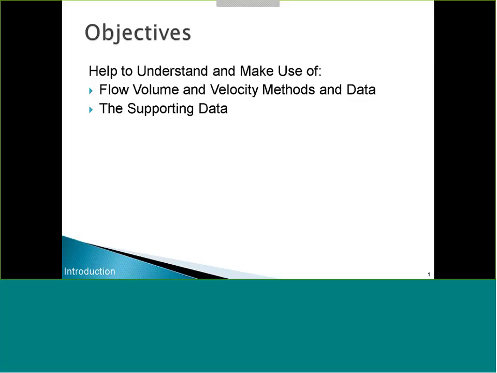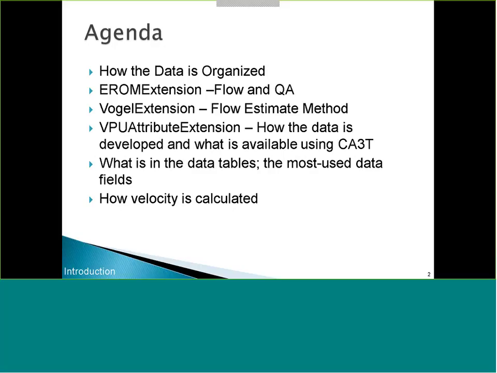So we're going to go through how we do the flow methods and the supporting data. Now, I'll first go through how the data is organized for extensions. Then I'll talk about the EROM extension, which is our main flow estimation method. And then we have another secondary method called the Vogel Flow Method.